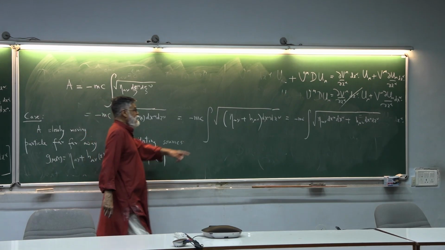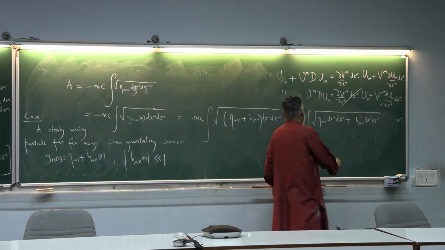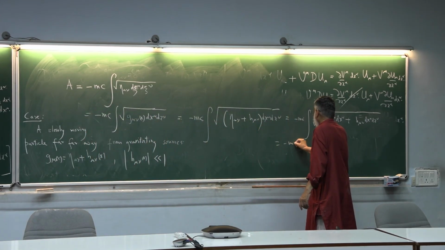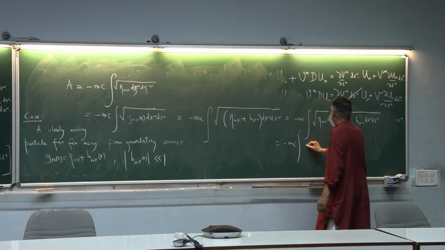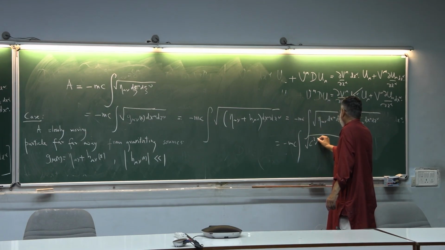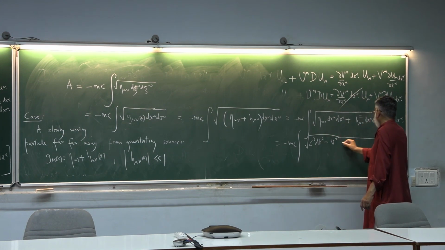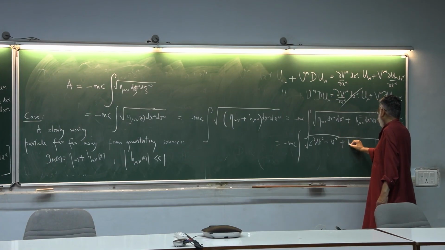Right. Yesterday I talked about this; it is nothing but minus mc times the integral of the square root of minus c square dt square plus dr dot dr, plus h00 c square dt square.